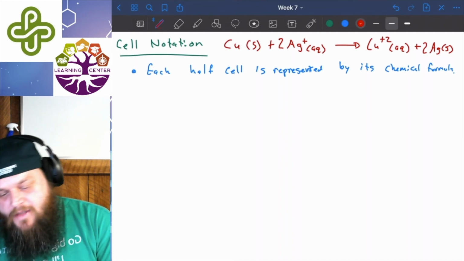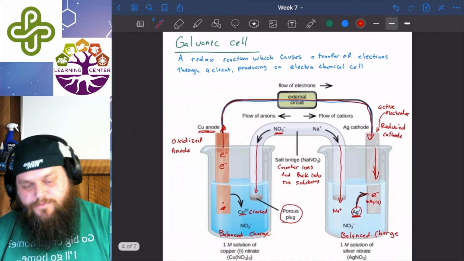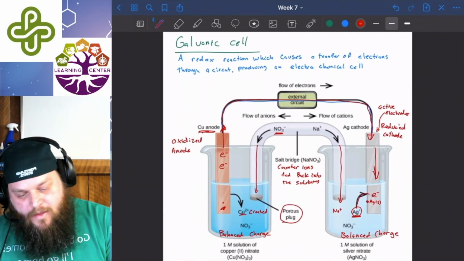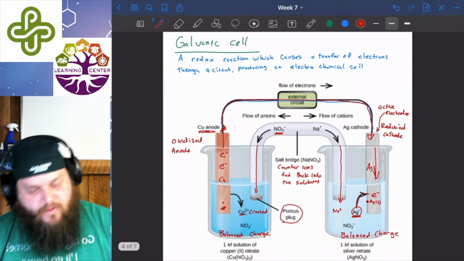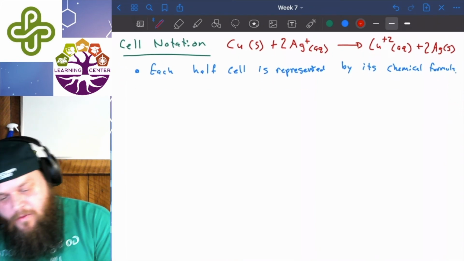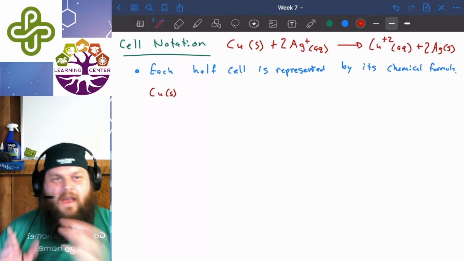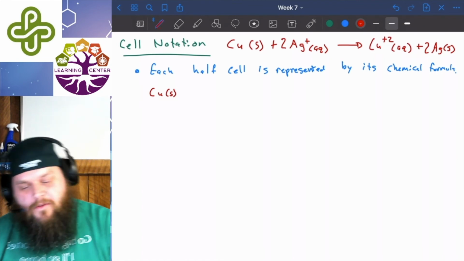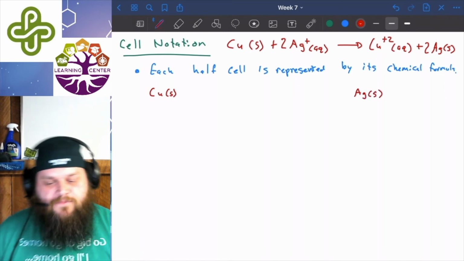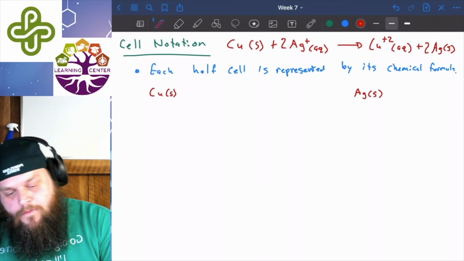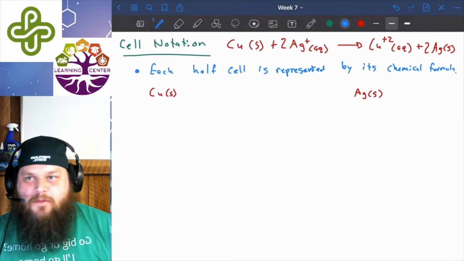An example of this here, for this type of cell, the chemical formula is really just this copper and this solid silver. So I'm going to write that copper on one side, and usually the anode goes on the left and the cathode goes on the right. So I'm going to write the cathode over here, like that. So that's how we start things off, just by writing each half cell represented just by its chemical formula.